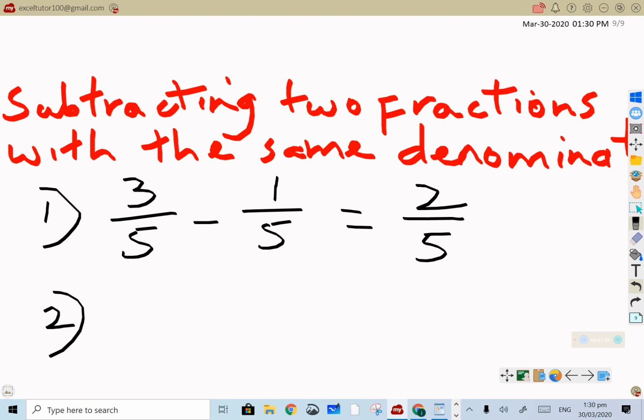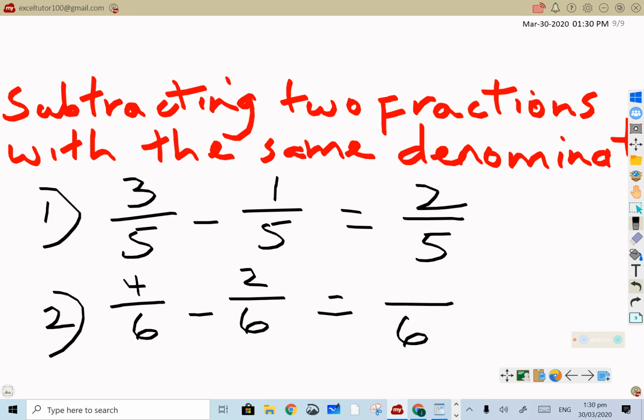If we have 4 over 6 minus 2 over 6, we keep the same denominator and we minus our numerators. It will be 2 over 6.